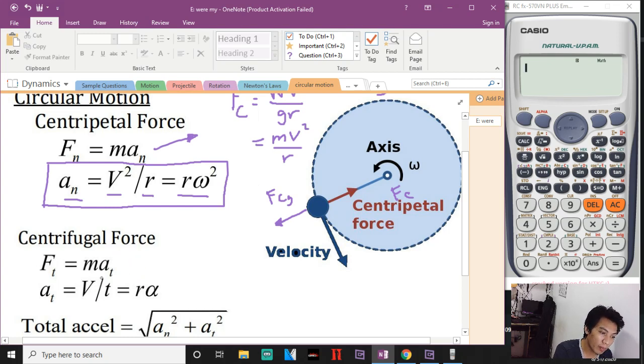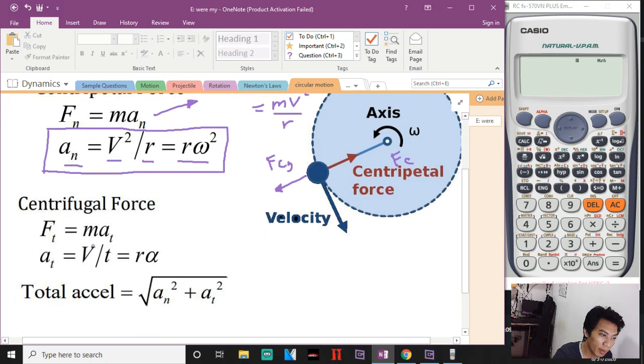Now, okay? So, m a, acceleration. Acceleration, ano yan? Tangential acceleration. Okay? So, this will be your velocity divided by time. Okay? R alpha.